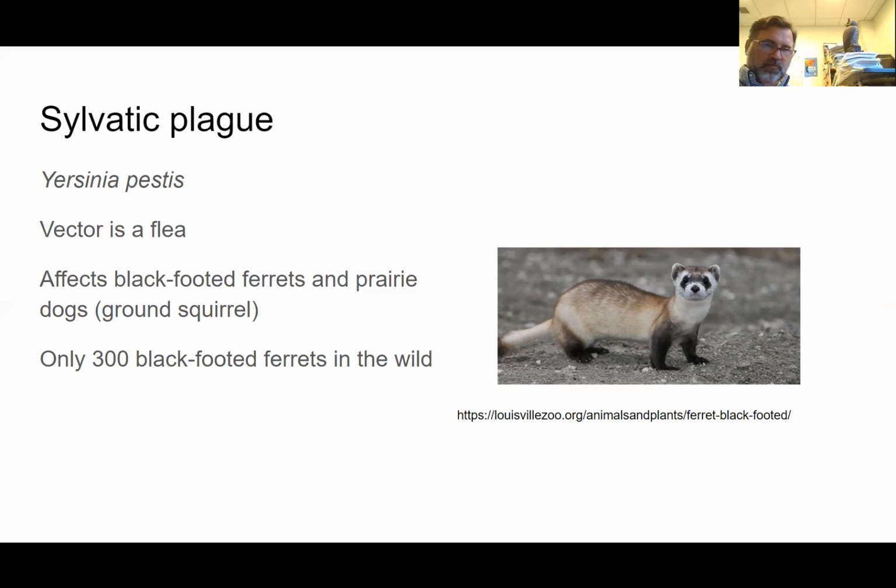It's really caused a huge decline in black-footed ferrets, and there are less than 500. It may only be 300 black-footed ferrets in the wild. There are a lot of captive breeding programs in the U.S., so lots of zoos have black-footed ferrets that they're raising.